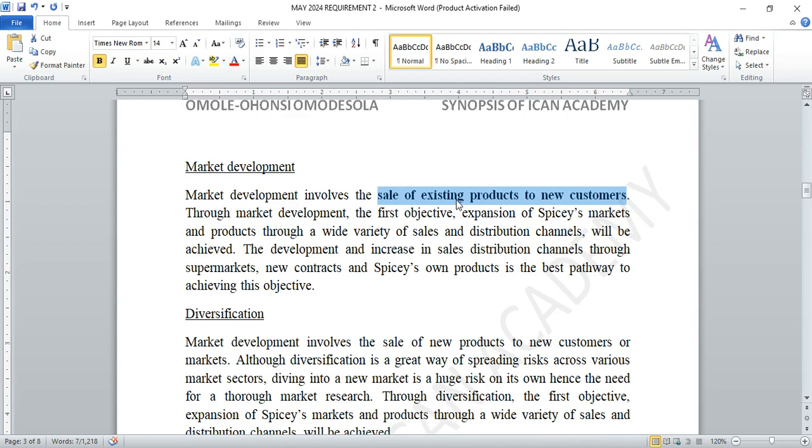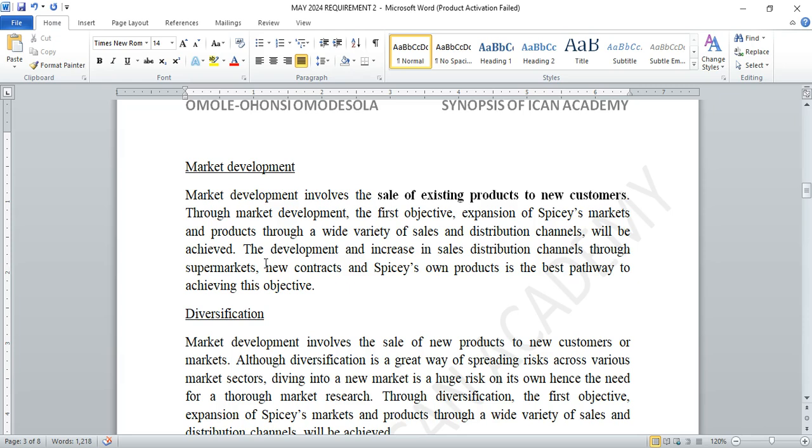That means those previous products we have, we now want to start selling to Port Harcourt residents, and to Zamfara and Kano residents. They told us that we're particularly in Lagos and Abuja, so we're not yet in new markets. So we now want to sell those existing products to new customers. Through market development, we're able to achieve the first objective. We're able to expand, you understand, through a wide variety of distribution channels.